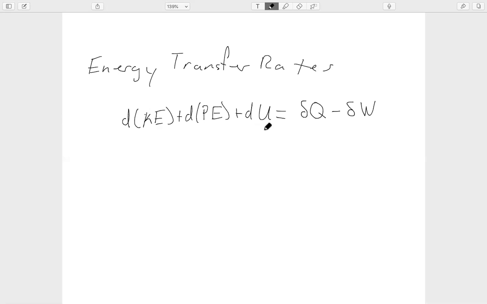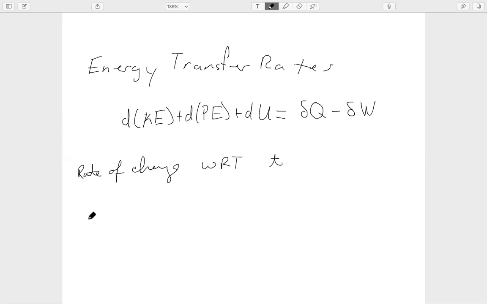All right, so these are baby changes in energy, and we want to talk about a rate of change with respect to time t.